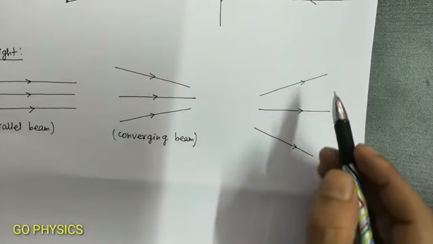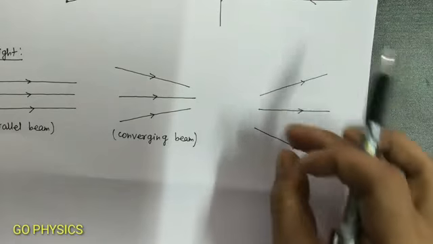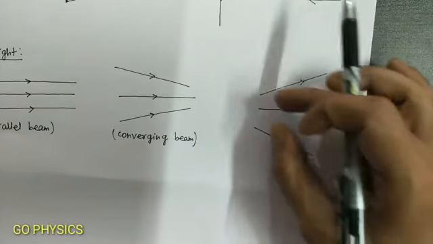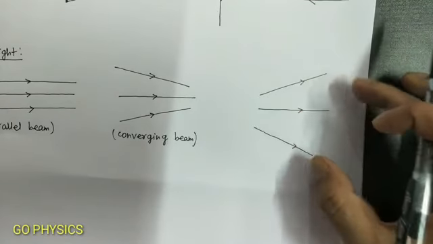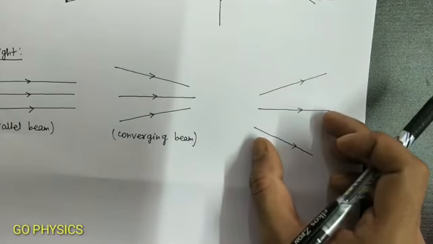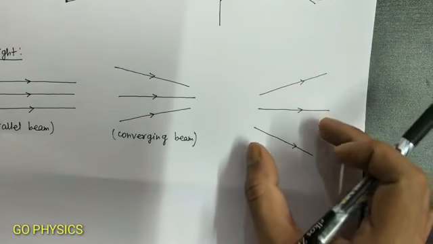In the third diagram, the rays are diverging as they are going away from each other, so this kind of beam of light is called a diverging beam.